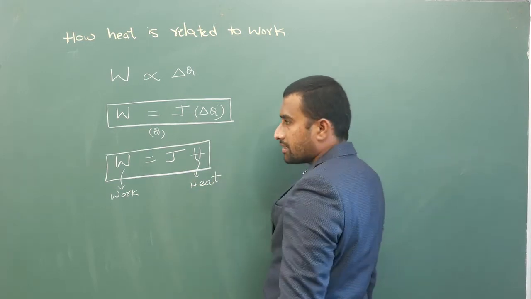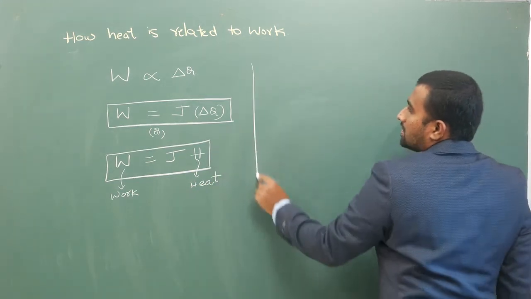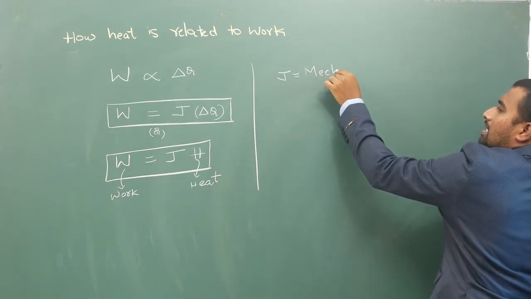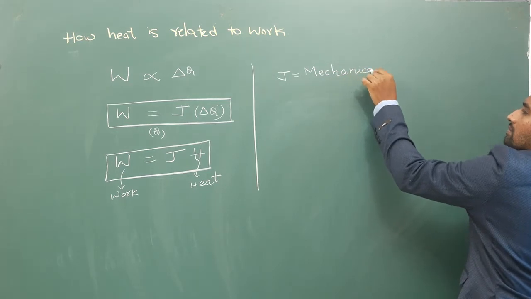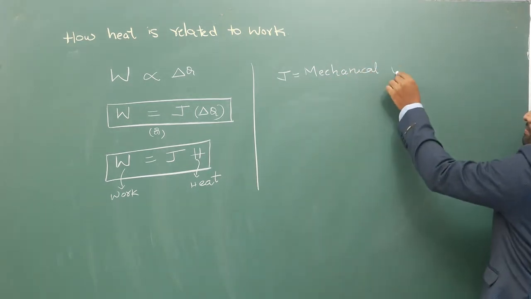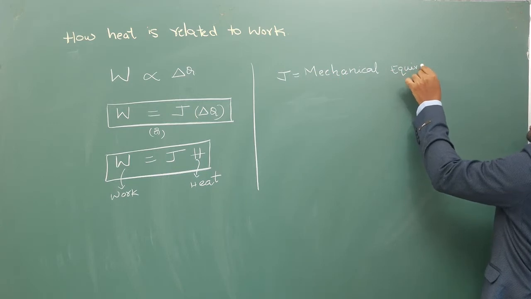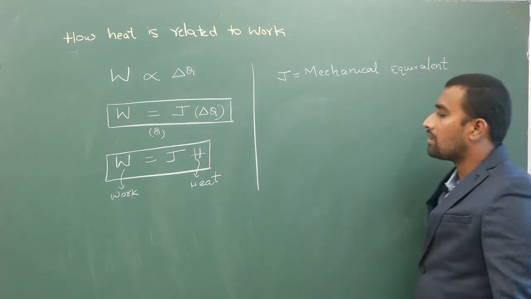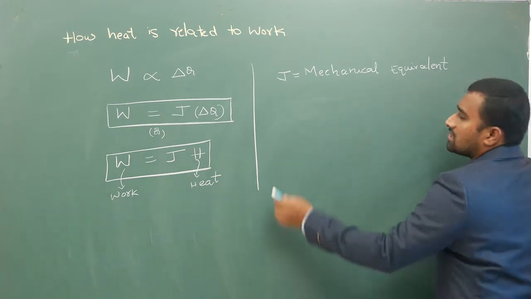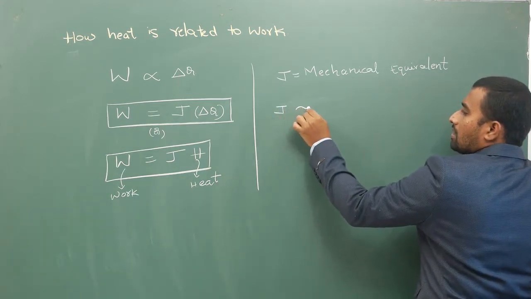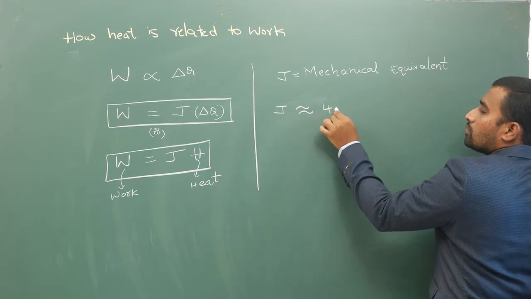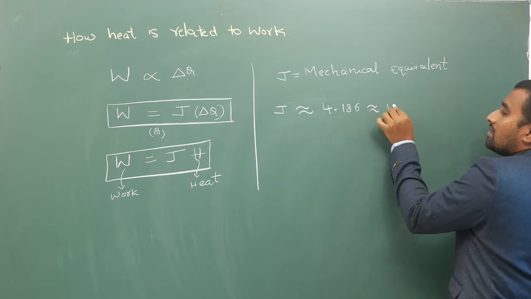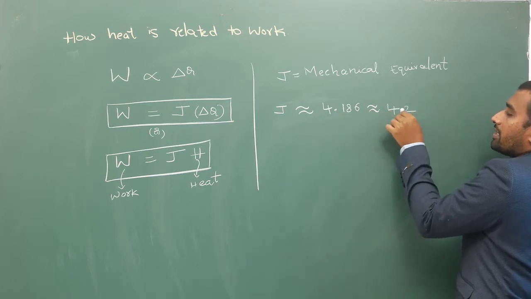Now what does this J mean? J is called the mechanical equivalent of heat. This J value is close to 4.186, but for calculational convenience we will take it as 4.2.